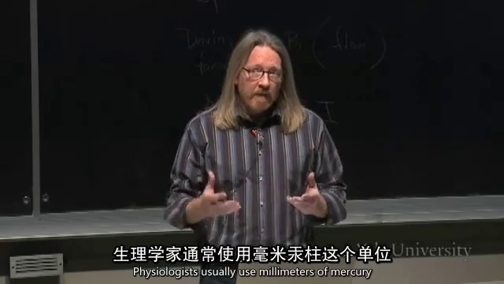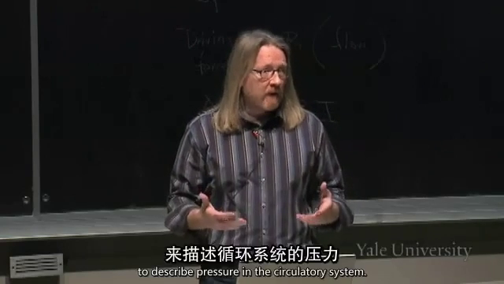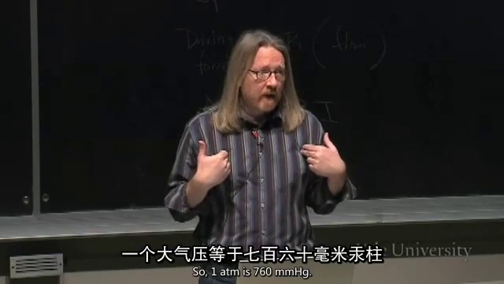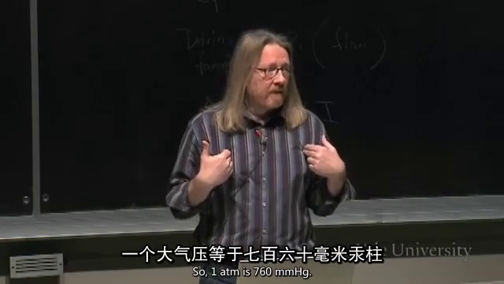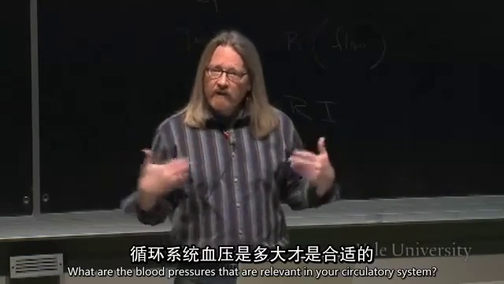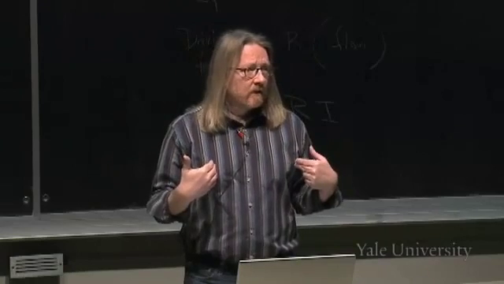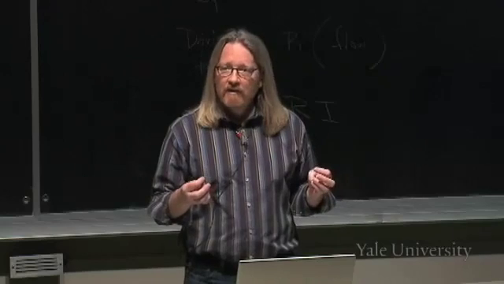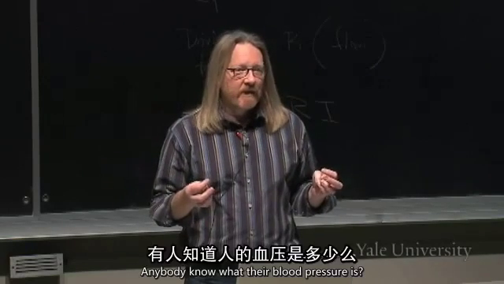Physiologists usually use millimeters of mercury to describe pressure in the circulatory system. So 1 atmosphere is 760 millimeters of mercury. What are the blood pressures that are relevant in your circulatory system? How many millimeters of mercury do you think? Anybody know what their blood pressure is?